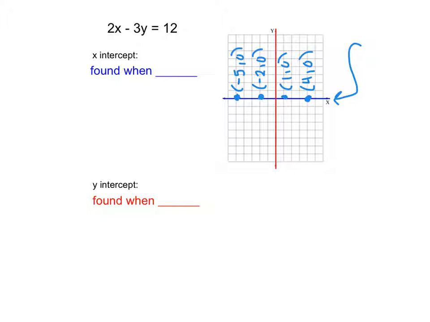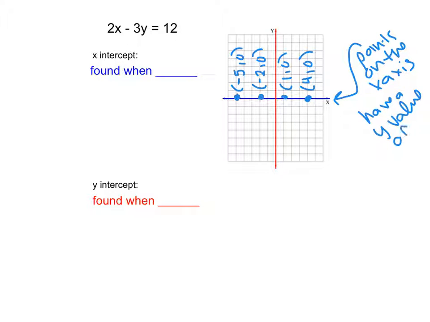What I start to notice is that all of these points have one thing in common. All of the points on the x-axis have a y value of 0. And I'm going to use that to my advantage. The x-intercept point is where we cross the x-axis, and every point on the x-axis has a y value of 0.